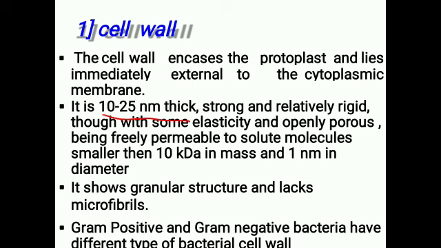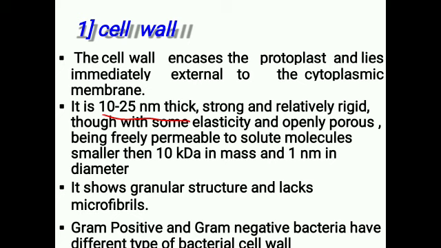That means different solute molecules smaller than 10 kDa in mass and 1 nanometer in diameter can be transferred through the cell wall. It shows a granular structure and lacks microfibrils.